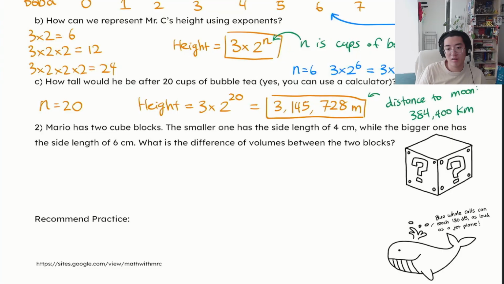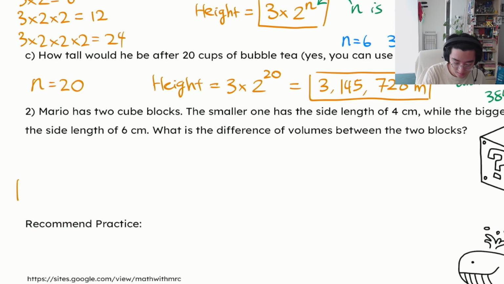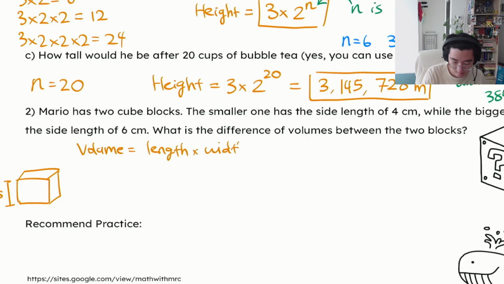So now, our last question. We want the difference of volumes. So as we remember, the volume of a cube, or the volume of anything, is the length times the width times height.